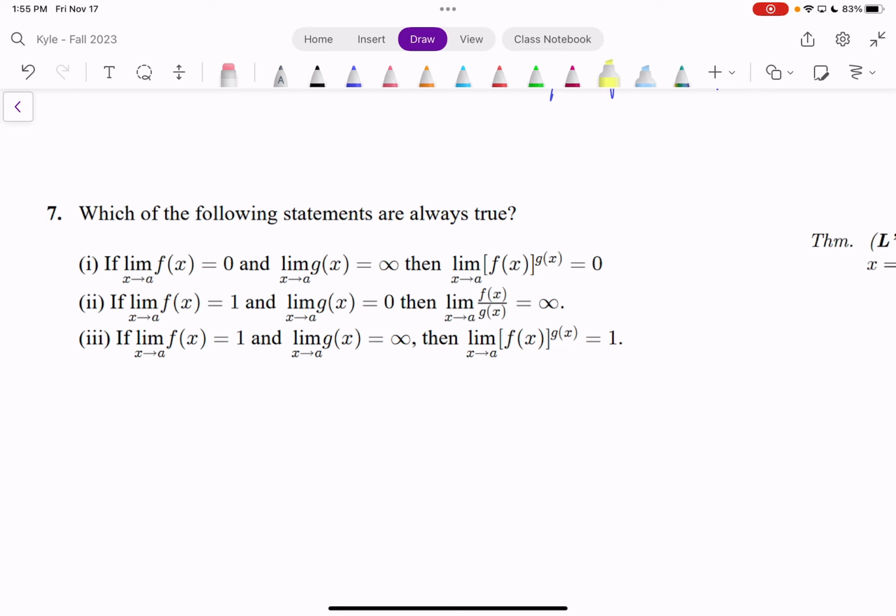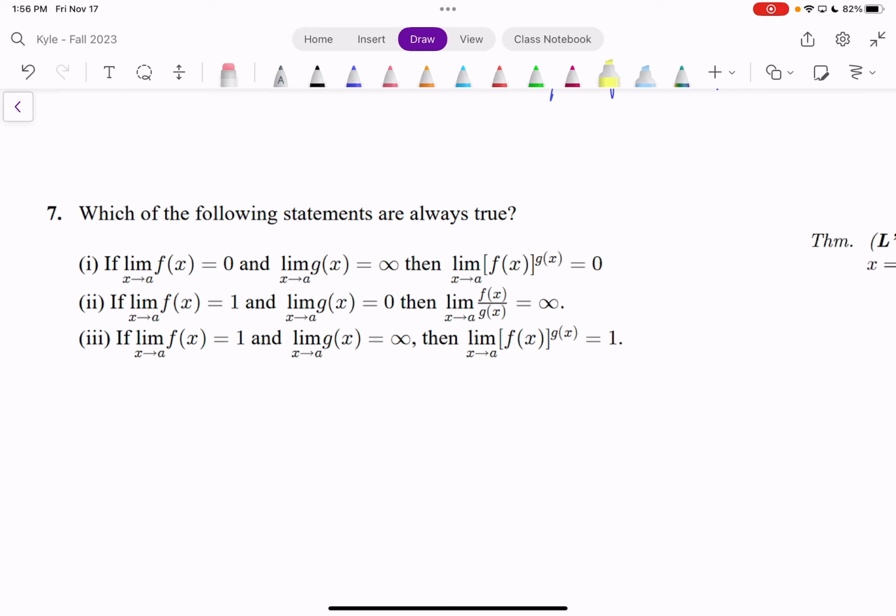We're going to vote on a couple of these. All right, let's take a look.